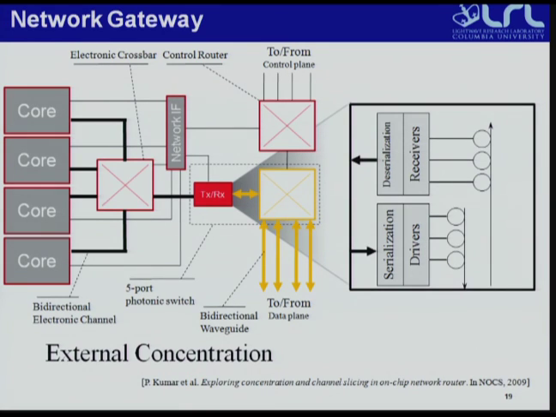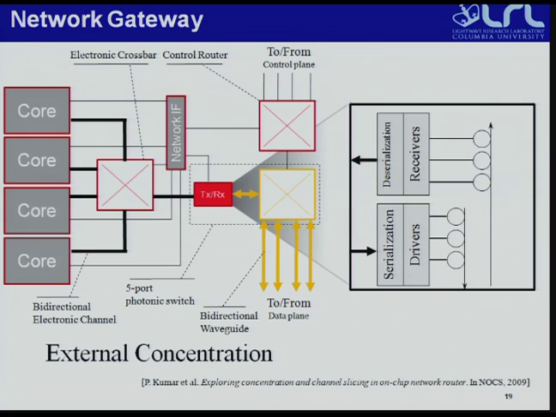We do this instead of internal concentration, where all of these would go directly into a photonic switch. As you might see later, it's actually hard to increase the radix of a photonic switch. Also, by doing this, we save on the number of transceivers that we use, since the driver circuits and other components take up overhead power.